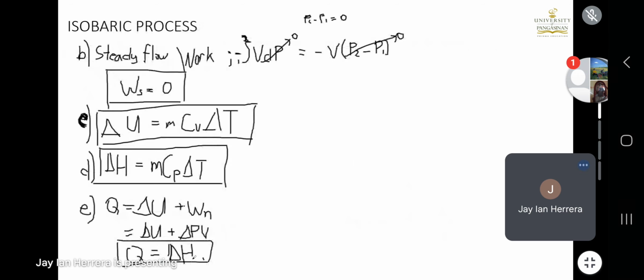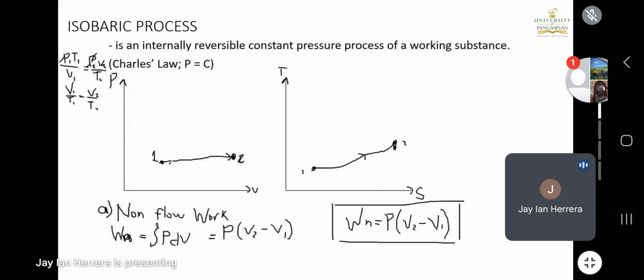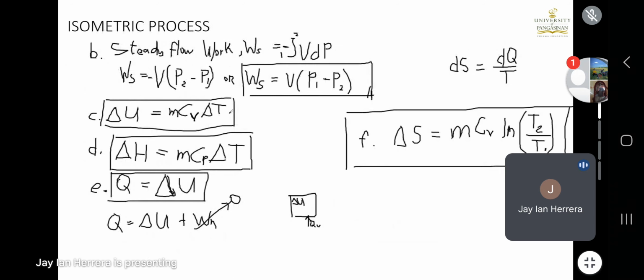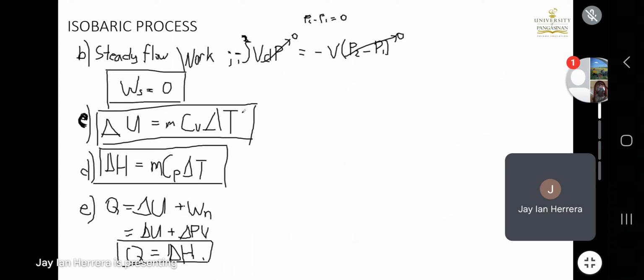Under isobaric, it's the constant pressure process, CP, and here delta H is the one affected by CP, just as in isometric the CV affects delta U.